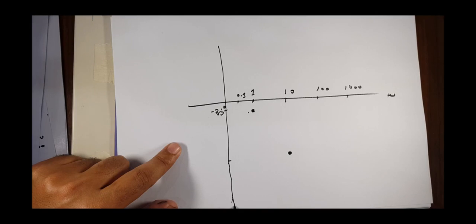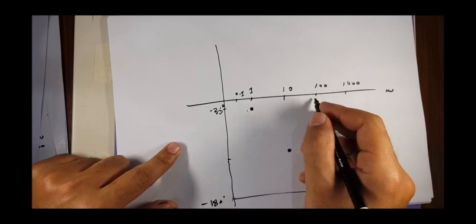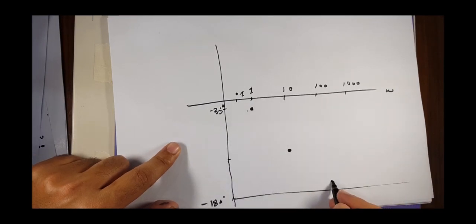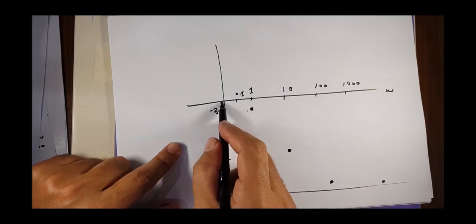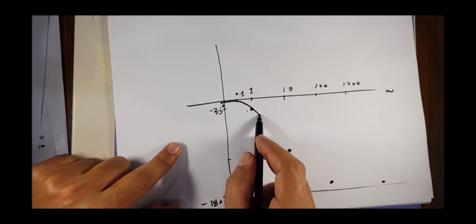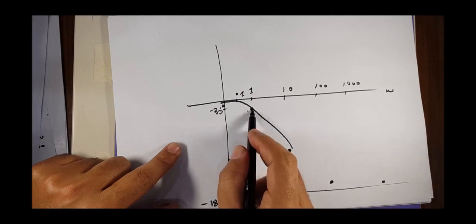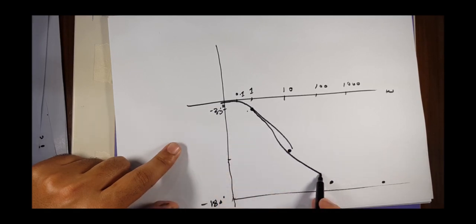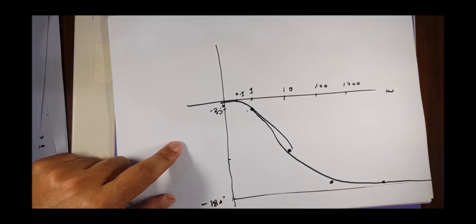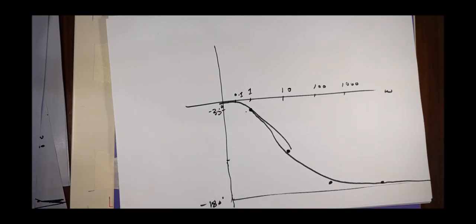And here let's say this is the asymptote, this is minus 180 degrees. So when we reach this point, this will be minus 170 degrees, and this will be very close to minus 180 degrees. So we start here, and we just connect these points.